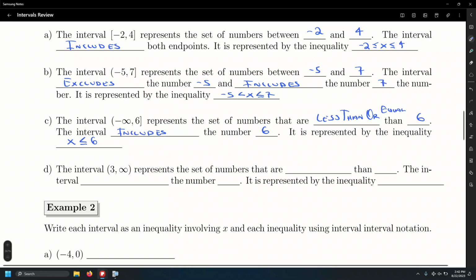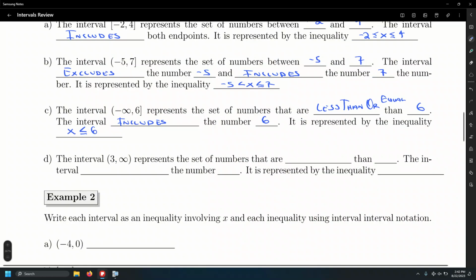And the last example, at least for these four, we have the interval (3, infinity), which represents the set of numbers that are just greater than 3. Notice I didn't say greater than or equal. How do we know that? That's because we have parentheses. That parentheses gives us a sense of exclusion for that lower value of 3.